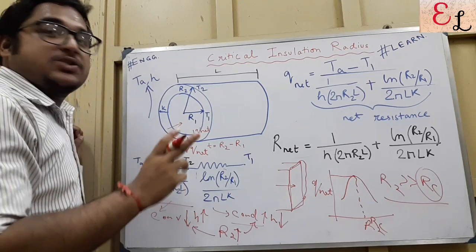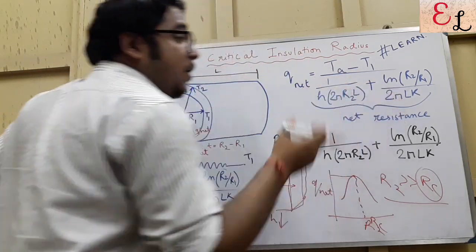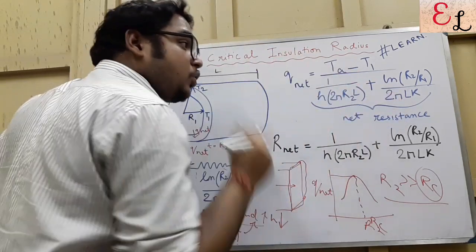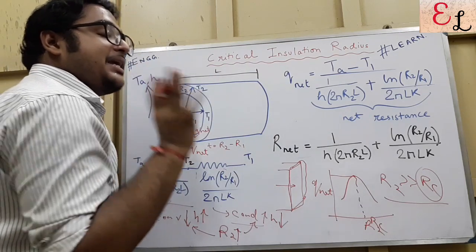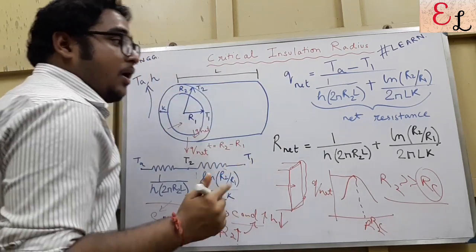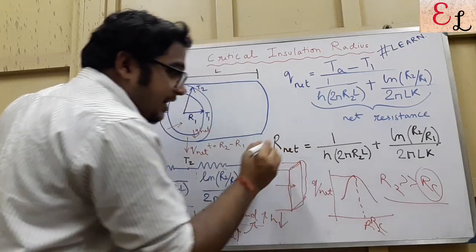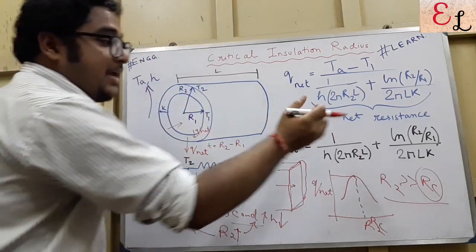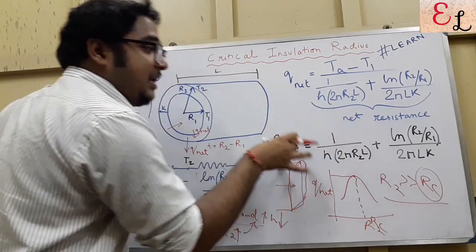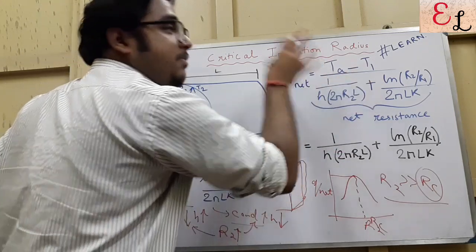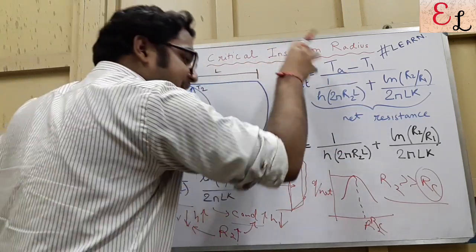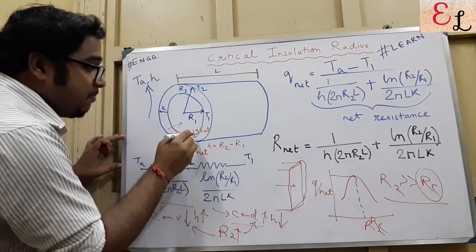To minimize this, we need to differentiate with respect to R2 so that it attains a value of 0, which means dR net by dR2 will be equal to 0 for minimum R net and maximum Q net. That is, to maximize the heat flow, the resistance has to be minimized.